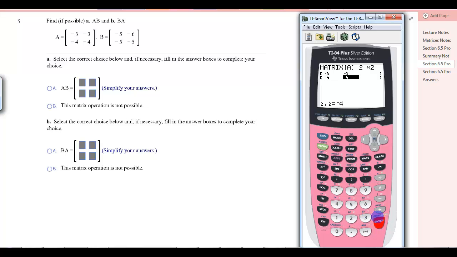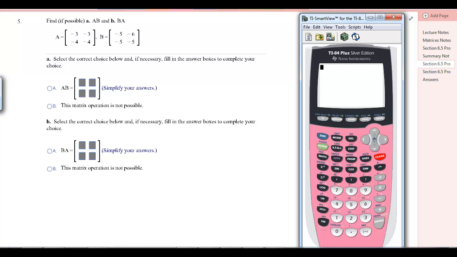All right, and then I'm going to second quit out of that, and then I'm going to go back in and go back to edit and down to B and enter, and I'm going to have a 2 by 2 again, and I'm going to have a negative 5, negative 6, negative 5, negative 5. All right, I'm going to quit. So every time you create one, you go ahead and quit out of it.